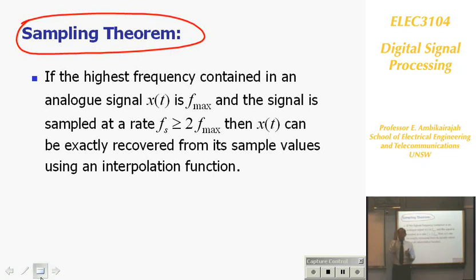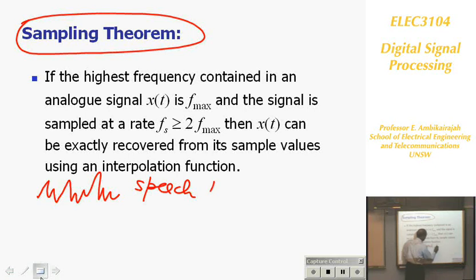Then you have to decide the sampling period. How do you decide the sampling period? If I take a signal here, like a speech signal, for one-to-one communication between two persons, the bandwidth BW of the speech is roughly 0 to 7 kilohertz.